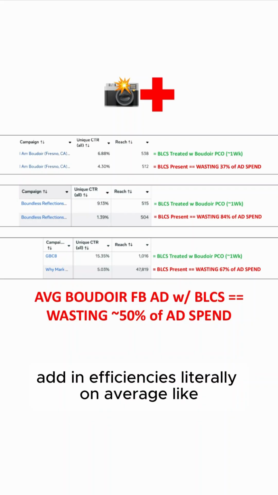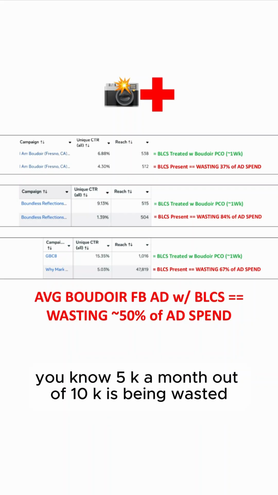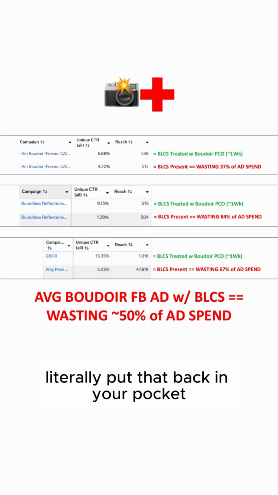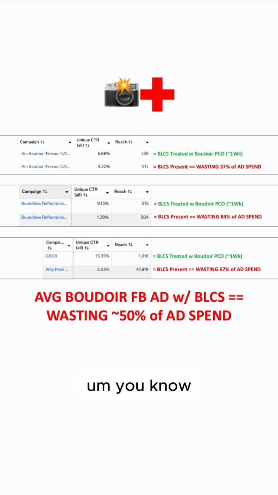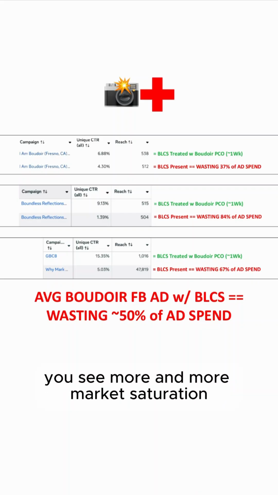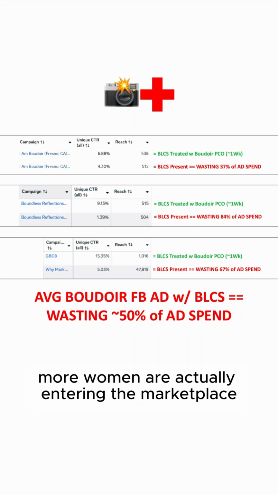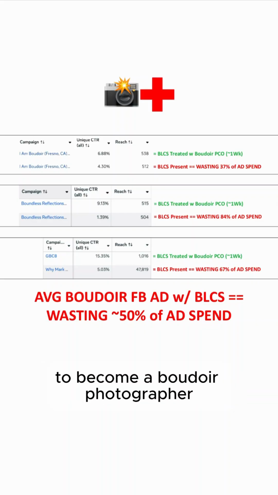Literally on average, it's like 5K a month out of 10K being wasted. Put that back in your pocket. Approximately, on average, that'd be like 60 grand over the next year, because you see more and more market saturation over time. More women are entering the marketplace to become boudoir photographers.